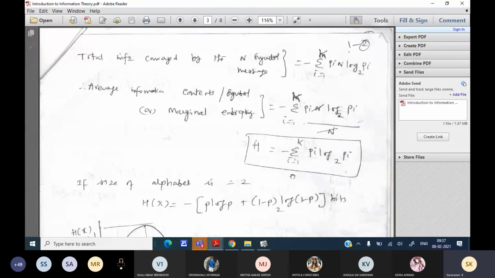The average information formula is this, right? Minus summation of pi log pi base 2. If you want to remove this minus sign, you have to replace this log pi by log 1 by pi. Is it visible?